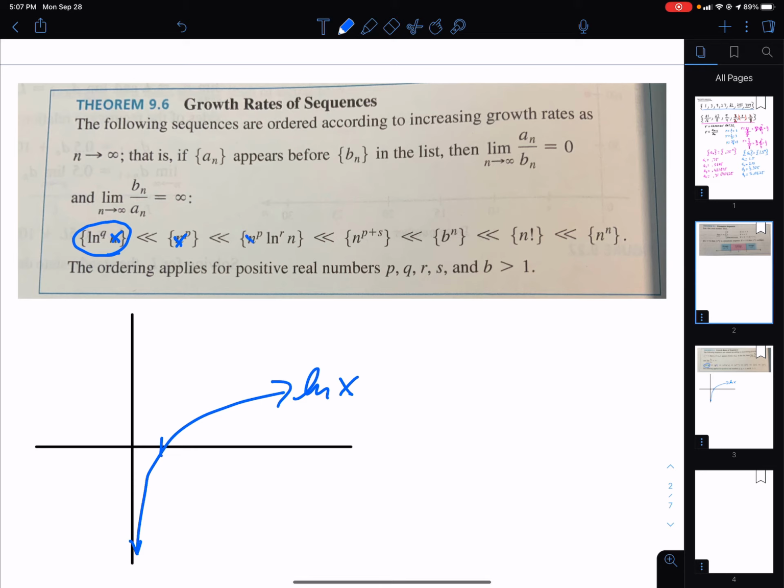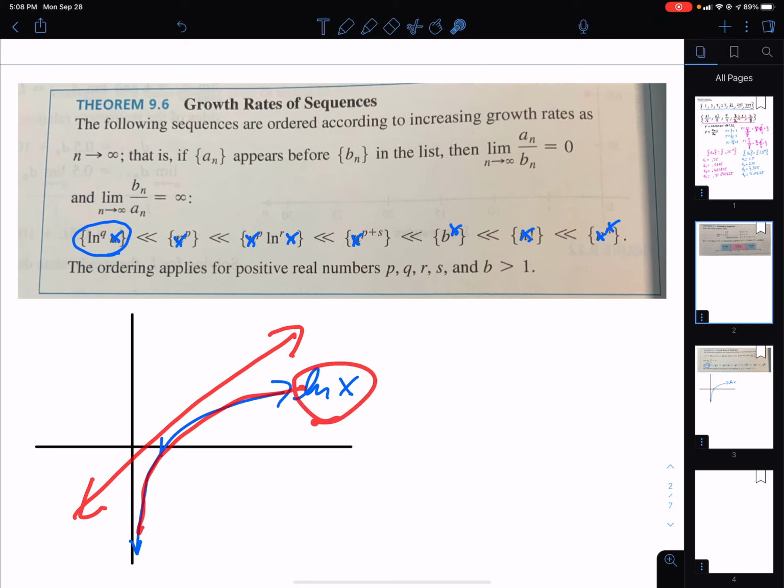That might make more sense to you. That n might throw some of you off. So that's ln of x. That's the slowest growth rate of the functions we're looking at because it flattens out. It's even slower than a line. A line has a higher growth rate than ln. So that's what's happening with that one.